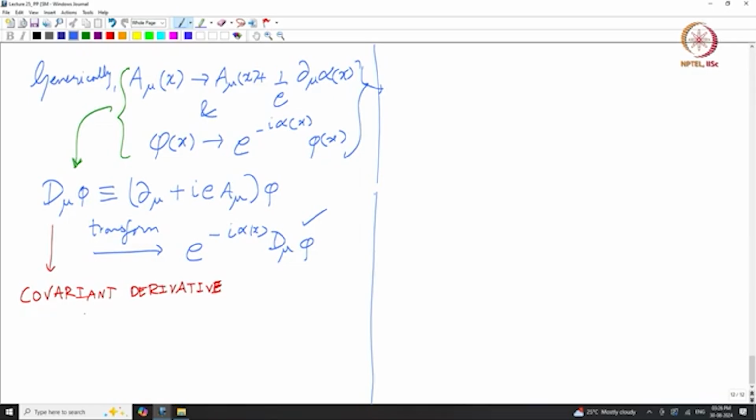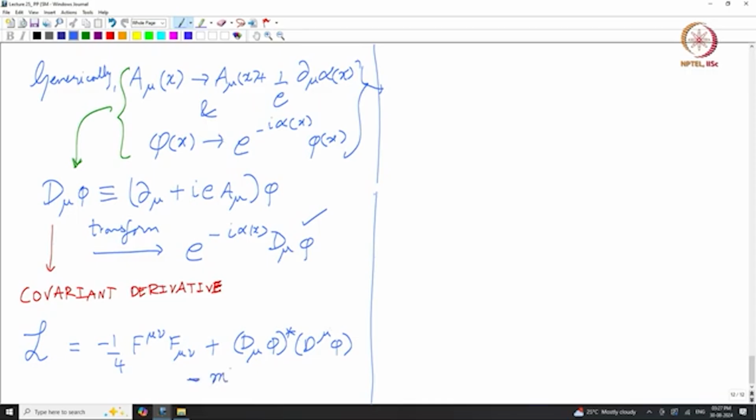Now you will agree that I can now write down the entire Lagrangian, okay, as, of course I have to start with the kinetic term for the photon, but now I think you will agree that I can also write a kinetic term for the scalar, and this is explicitly gauge invariant now, right, because this goes as e power minus alpha x, that goes as e power I alpha x under gauge transformations.